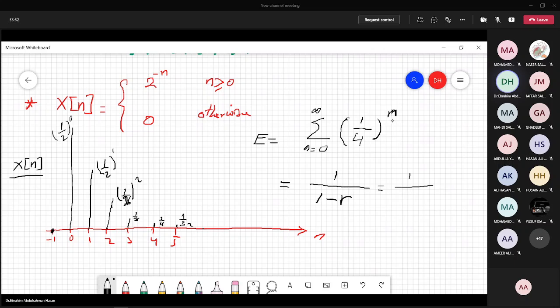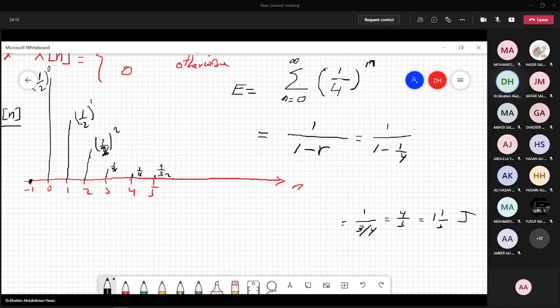So r is equal to 1/4. So then it is equal to 1/(1 - 1/4), so it is equal to 4/3 joules.